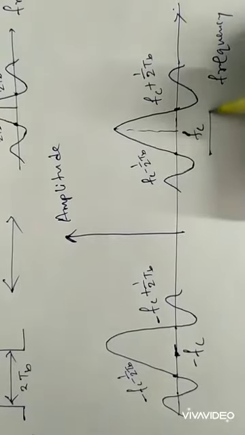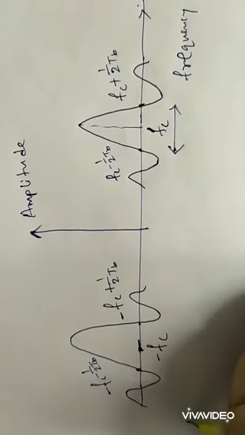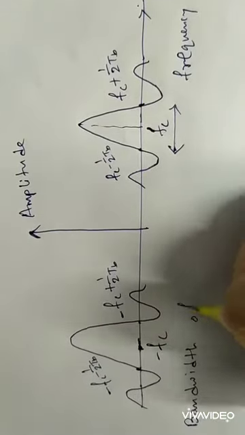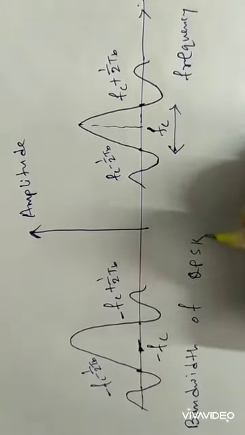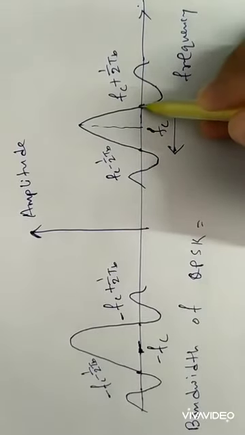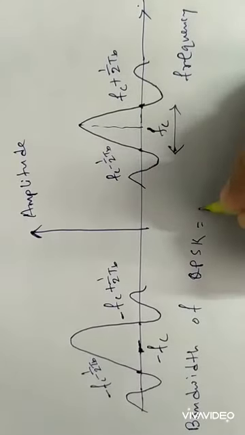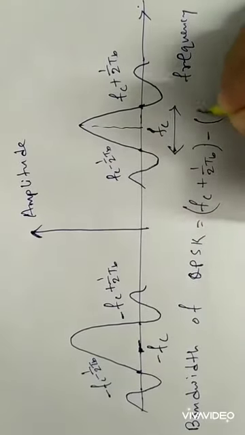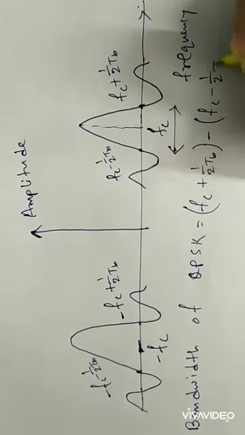So the bandwidth must be this portion. We have already discussed this during our previous classes. How much bandwidth do we get? The bandwidth of QPSK is equal to this minus this. So fc plus 1 by 2 TB minus fc minus 1 by 2 TB.